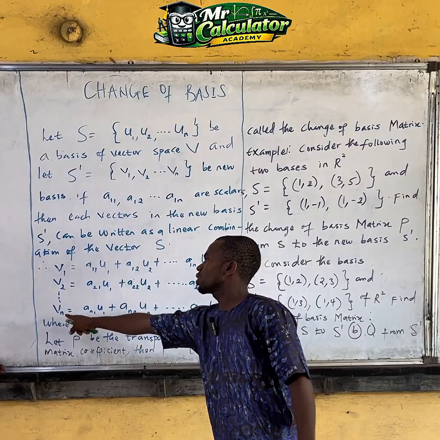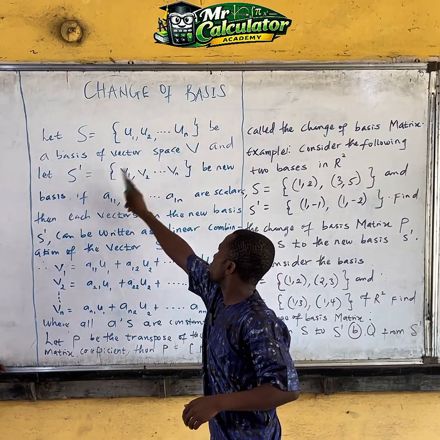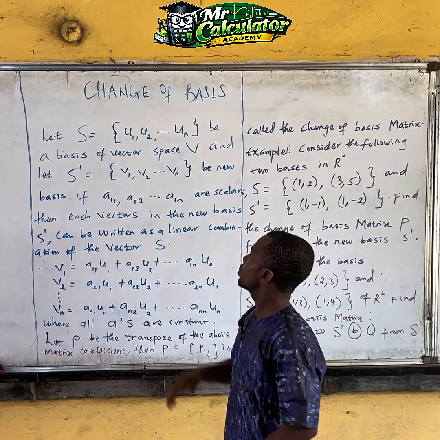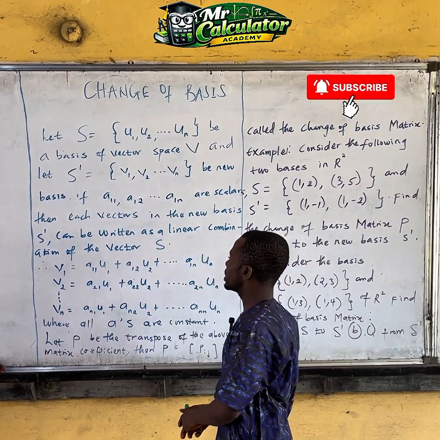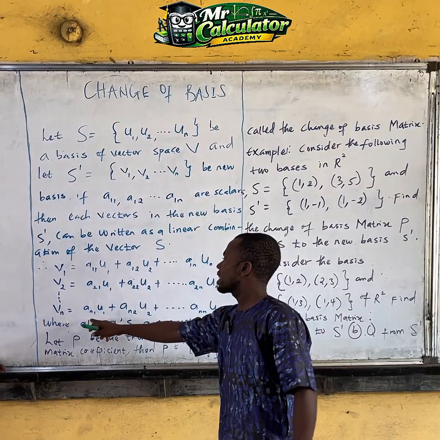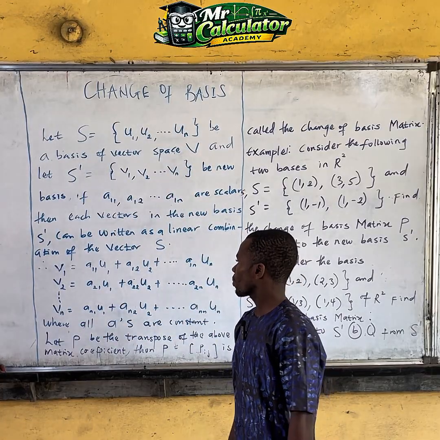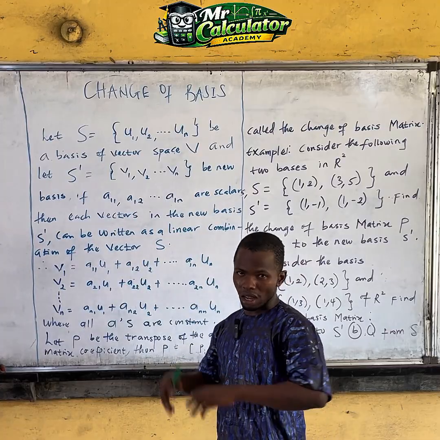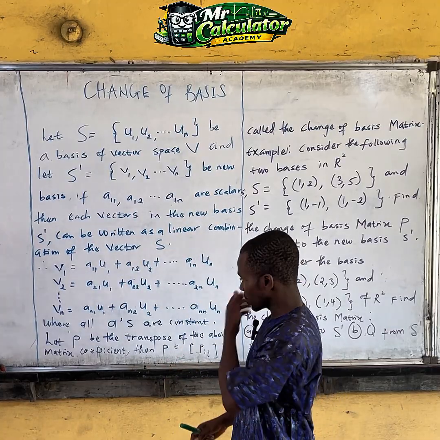Then Vn is the last basis of S prime, which we can write as a linear combination of the basis S. So all these things are just concepts. After solving the example, we will understand the concept of all these explanations.